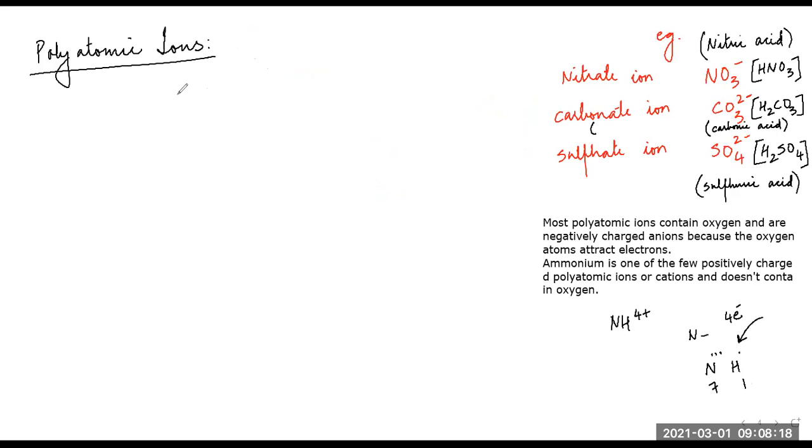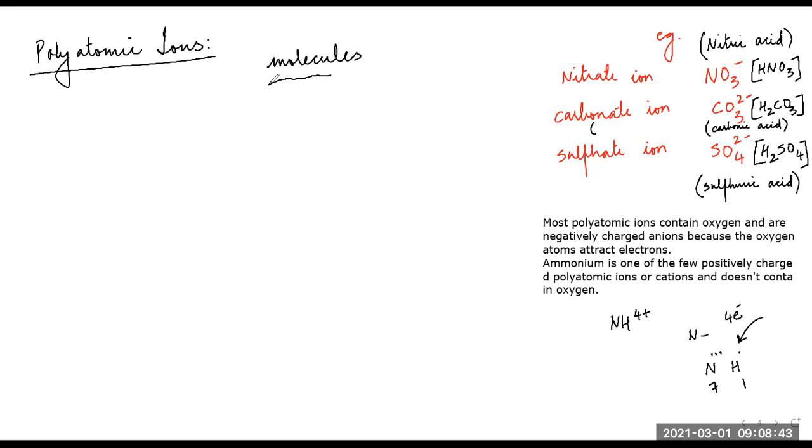When they lose electrons, they become positively charged cations, and when they gain electrons, they become negatively charged anions. But then, the same inherent property is exhibited by groups of atoms, that is molecules, also. So let's see how.